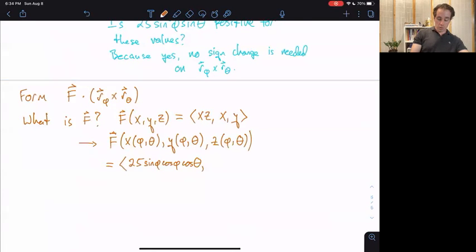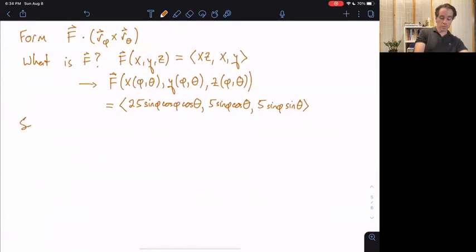Now for the j component, which is x, that is simply 5 sine phi cosine theta. It's simple because all that needs to be done is to copy the x component of the parameterization. The k component is y, and y in this parameterization is 5 sine phi sine theta.